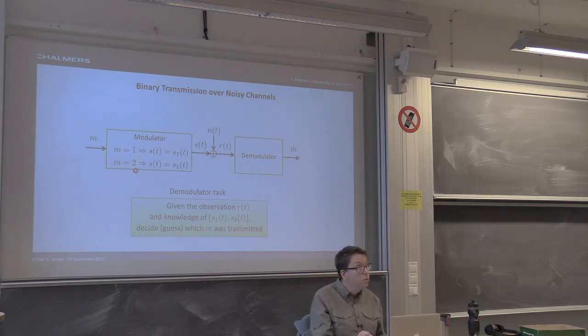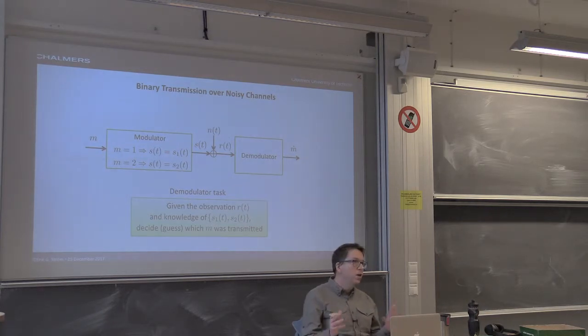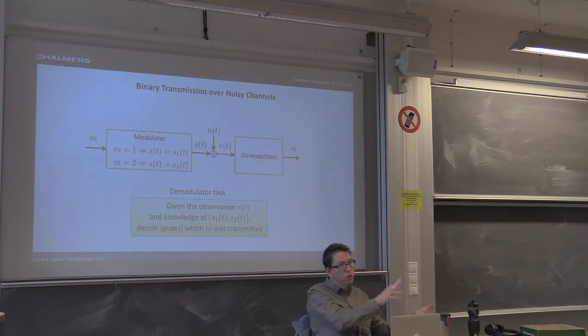If it's m equals 2, it outputs another signal. So if m is equal to 1, the output is S1, some signal S1. And if the input is 2, then the output is S2. So the modulator conceptually is a super simple device, right? It just takes some bits in and then produces the corresponding signal out.